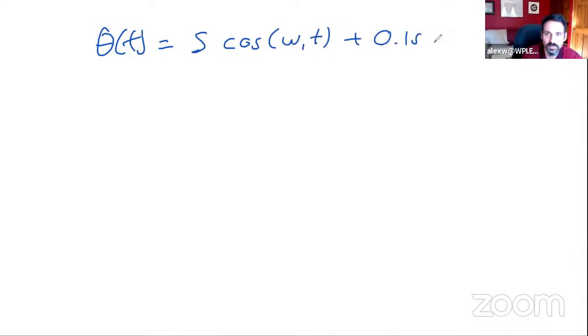So what I was describing before: I had theta t equal to 5 cosine omega 1 t plus 0.1 sine omega 1 t. Suppose I say d_p is equal to 20. First of all, the question would be: what's m of t?